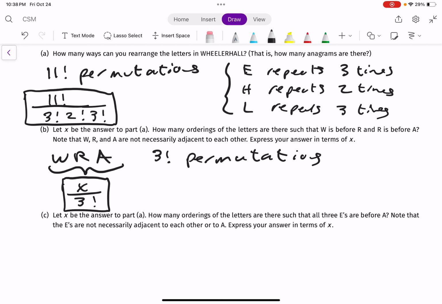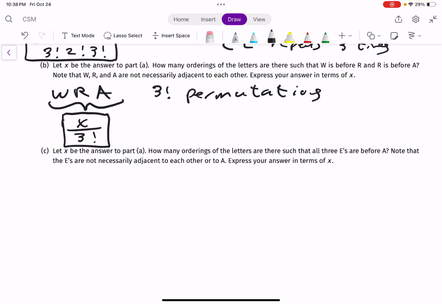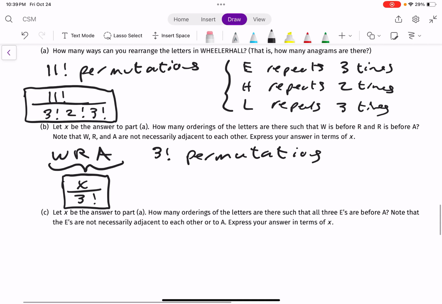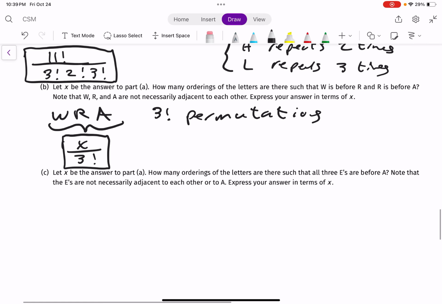Okay, let's look at part C, which is pretty similar to part B. So we're asked, how many orderings of the letters are there in "we were Hall" such that all 3 E's are before A? So notice how similar this is to part B, except now we have repeated letters.